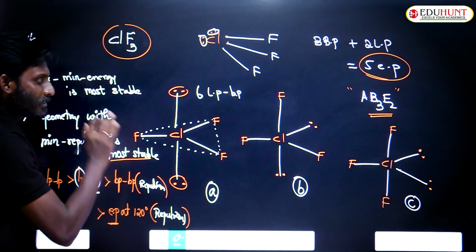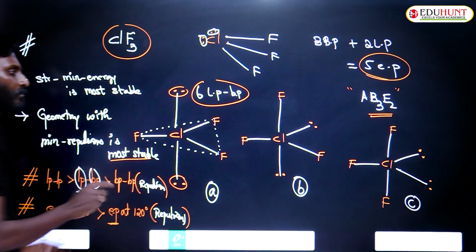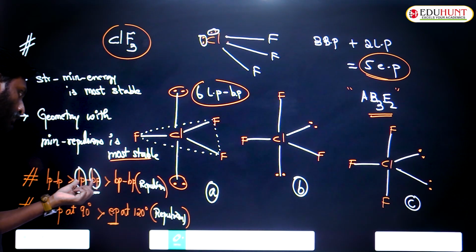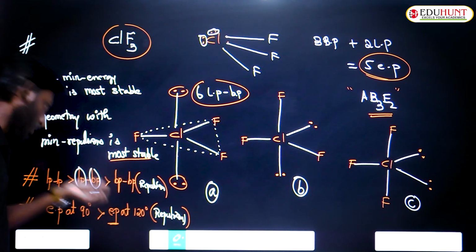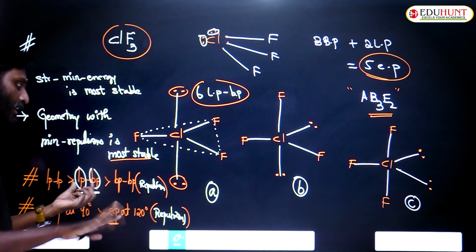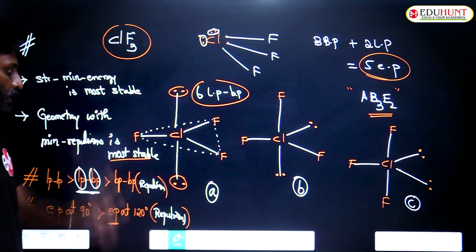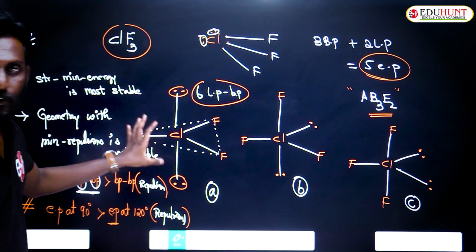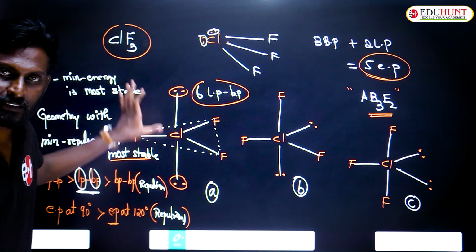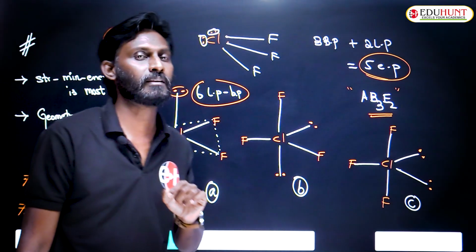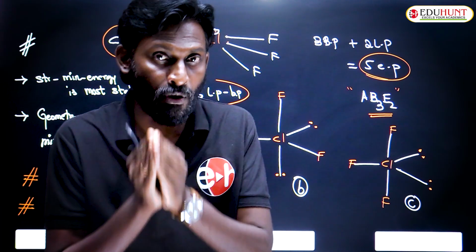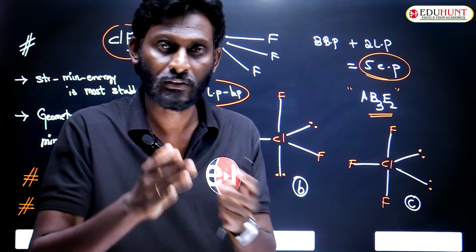There are 6, that is a big number. Of course the lone pair, bond pair repulsion is moderate, but still the number is high. That's why this is not going to be the stable structure for ClF3. Among these structures, the stable structure has been found practically.